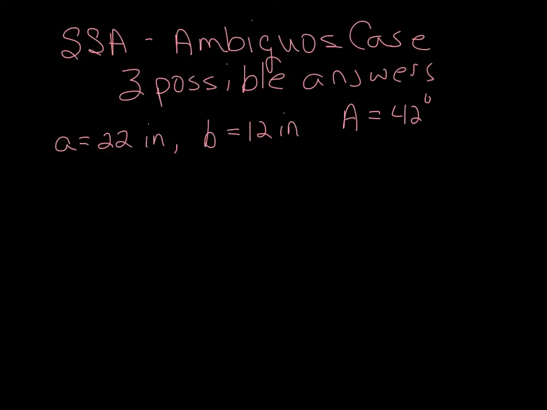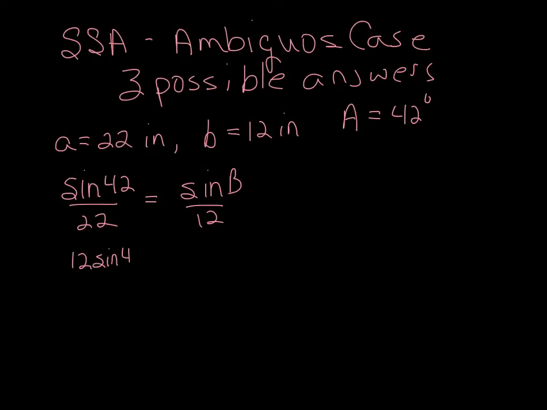In other words, the sine of 42 over 22 equals the sine of angle B over 12. So 12 times the sine of 42 over 22 equals the sine of B.